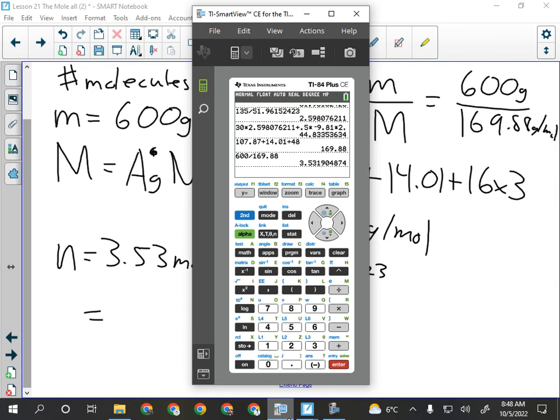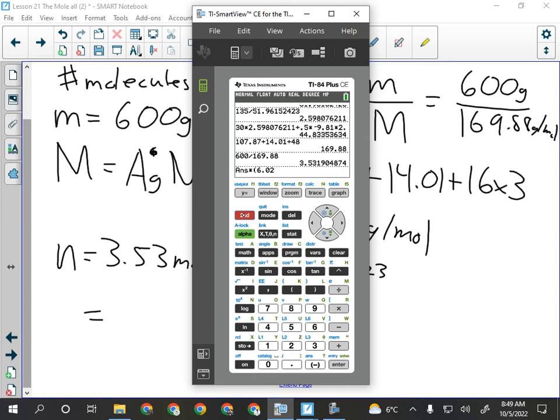So I'm going to take my number of moles, and I'm just going to hit times, so it puts the answer there. So all the decimals have been carried over. When I enter Avogadro's number, it has to be entered in brackets. So I'm going to go bracket 6.02, and then I'm going to hit the second function button, and I'm going to hit the comma.